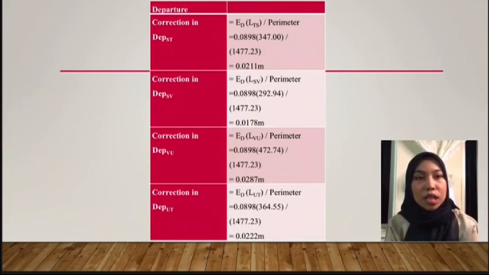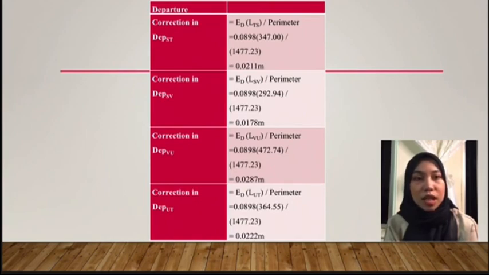Correction in departure SV, ED times LSV in bracket per perimeter. The value for ED is 0.0898 times LSV in bracket 292.94 per perimeter, 1477.23, and the answer is 0.0178 meter.